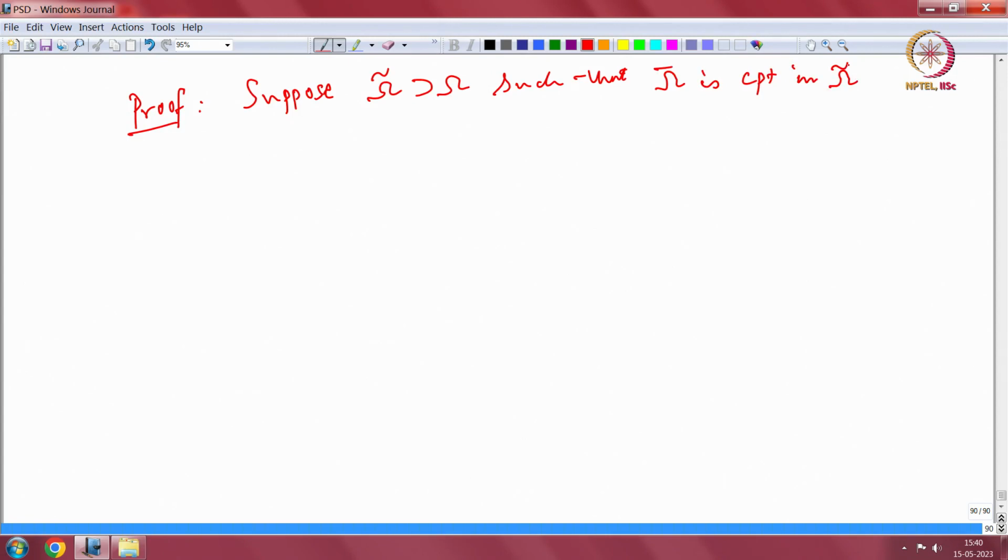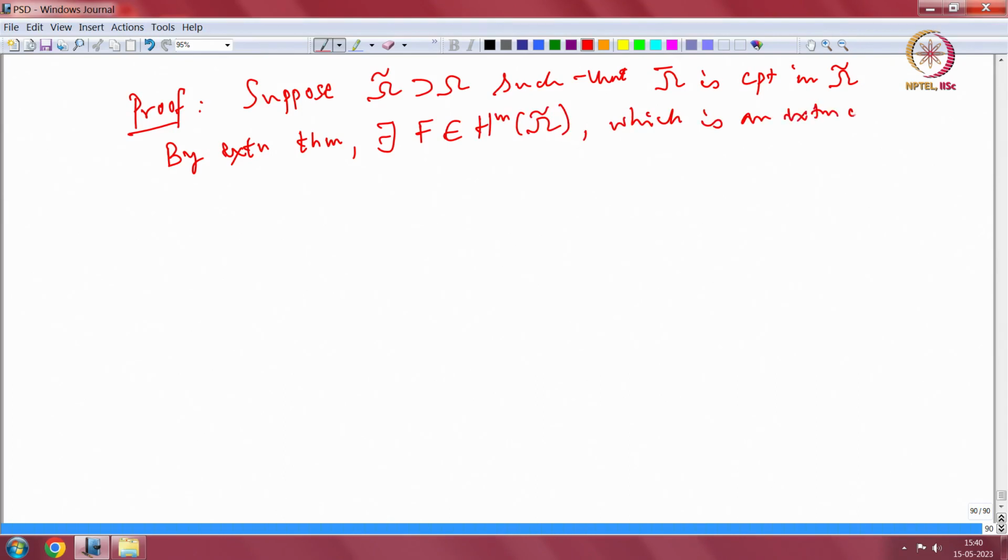You can cover it by a cube or parallelepiped, anything. By the extension theorem, there exists an F in Ω tilde which is an extension of the given f.